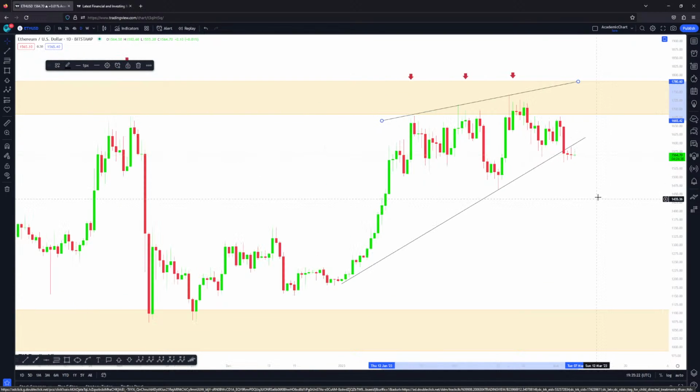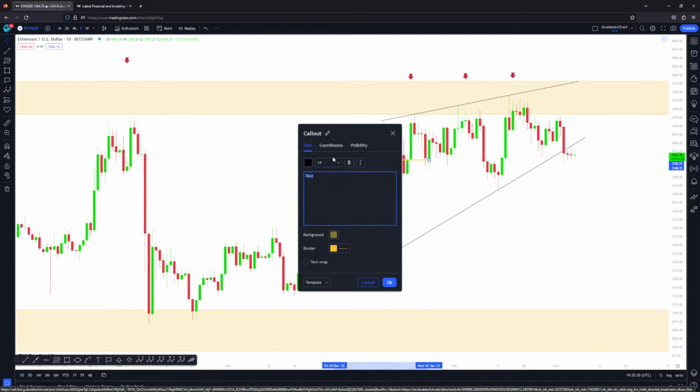If I take a closer look, this is also a pattern called a rising wedge. I can clarify it by adding a callout here, rising wedge.